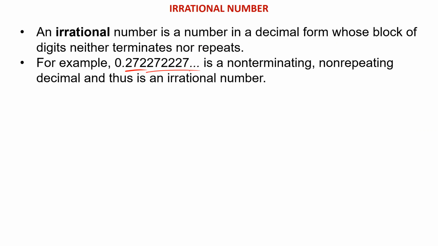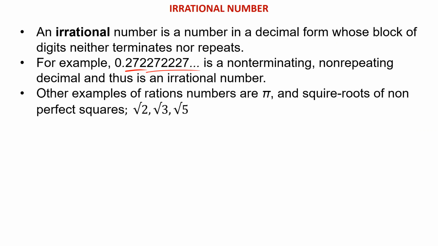They continue going this side, but they are not repeating. We have other examples of irrational numbers: pi, the square root of 2, the square root of 3, and the square root of 5. Now, how do you prove that these numbers are irrational?